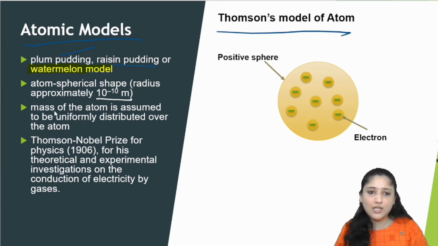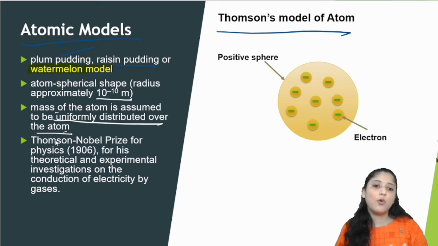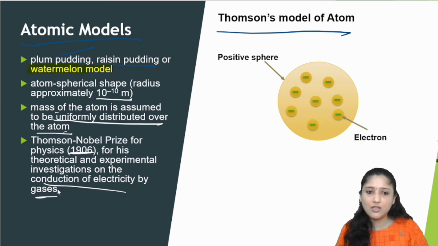Thomson also said that the mass of an atom is assumed to be uniformly distributed over the atom. J.J. Thomson won the Nobel Prize in 1906 for his theoretical and experimental investigations on conduction of electricity by gas. This is just GK knowledge.